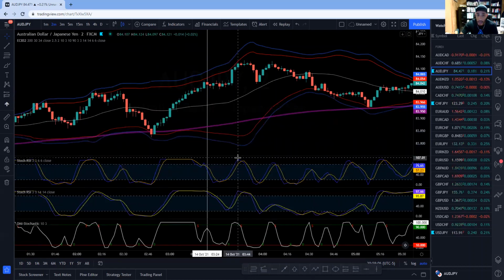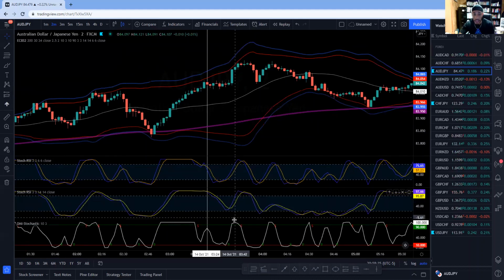Okay, so we come here. We've got both of the lines, the blue line and just barely this orange line, showing overbought. But for the second stochastic RSI, the purple line is only overbought and the yellow line isn't overbought yet, not until the next candle. You see the DMI stochastic is overbought.